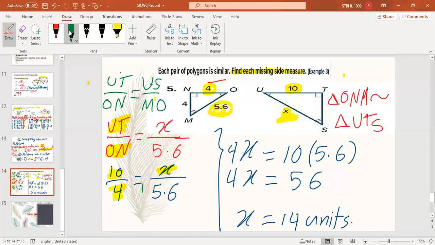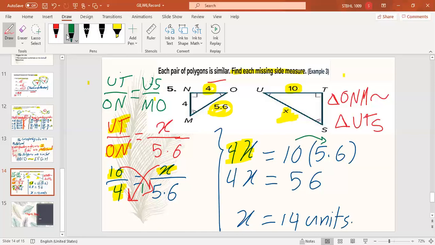And we will use here the cross multiplication to find the missing variable, which is X. So we will multiply 4 times X, it will be 4X. I think you know this very well. 4X equals 10 times 5.6. And 10 times 5.6 is 56.